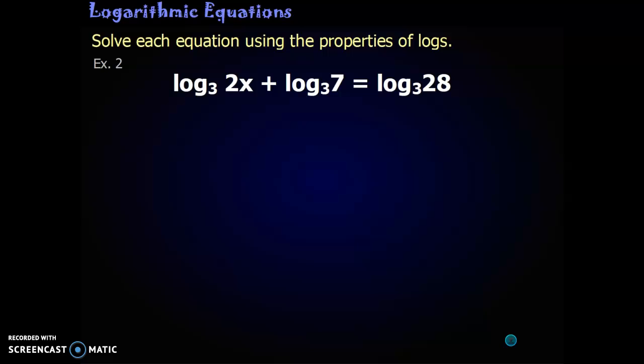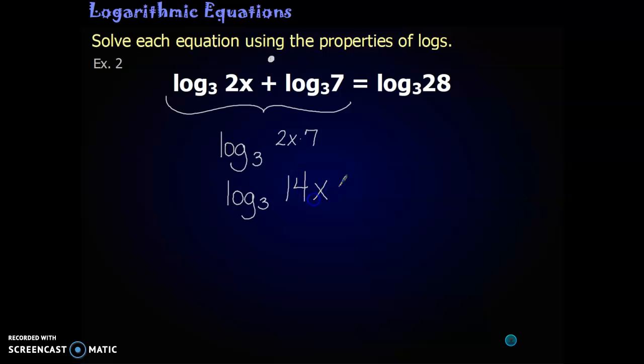For this one, again, I see 3 logs in the problem, but 2 on the same side, and these 2 log base 3s have been added, so I know which log property that stems from, and that's from the product property. So I can condense this or rewrite it as a single log. So that is log base 3 of 2x times 7, right, which is just log base 3 of 14x.